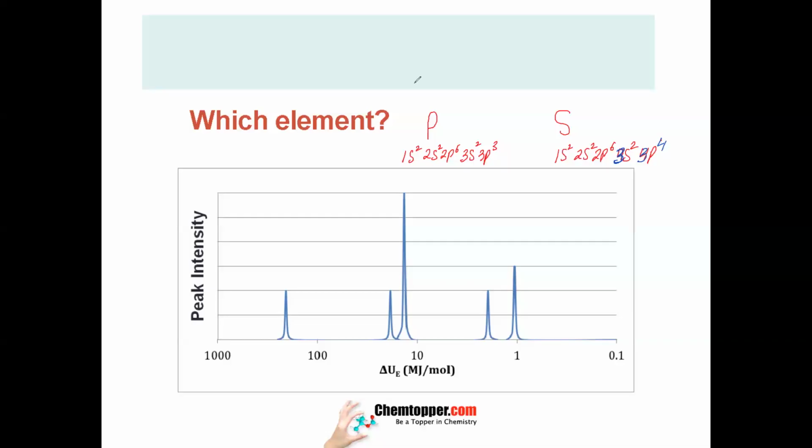Now tell me the number of protons in P. How many protons? Nuclear charge on P, and nuclear charge on S. Now, in which case are the shells more strongly attracted to the nucleus?